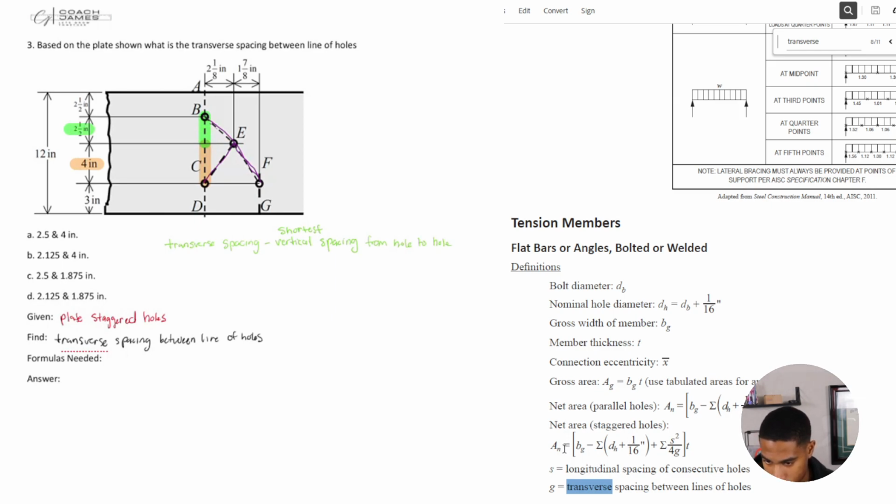Because this net area is going to be very important for your staggered holes. Well, S is the longitudinal spacing of consecutive holes.